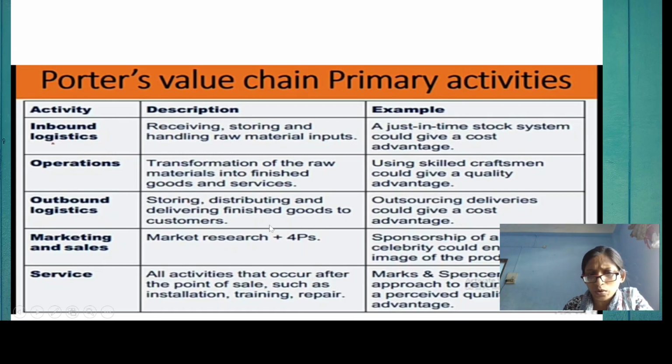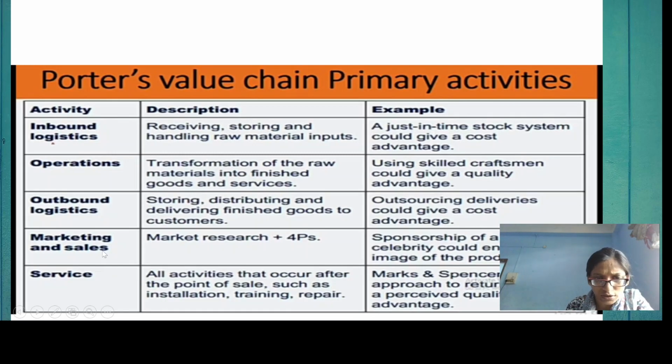In outbound logistics, we'll see the outsourcing deliveries could have a cost advantage. When we are delivering our finished goods to our customer, we should ensure that our supply chain management is efficient, and the right product should reach our right customer.